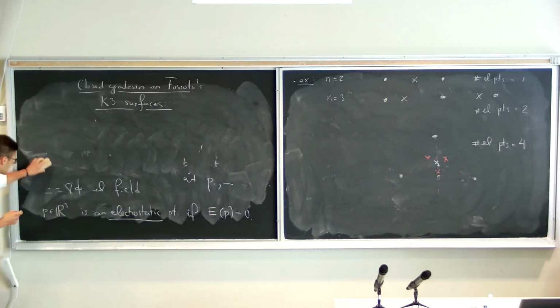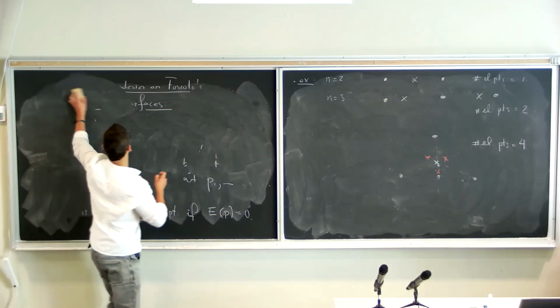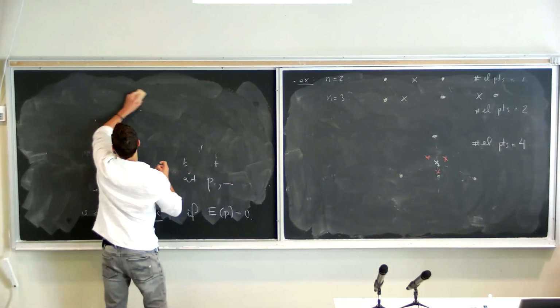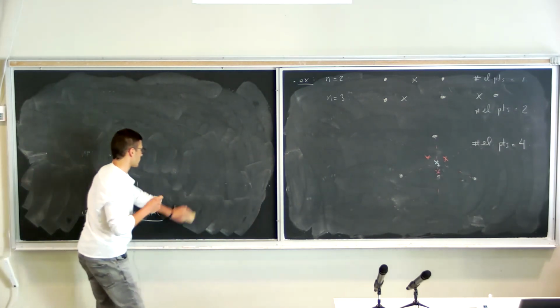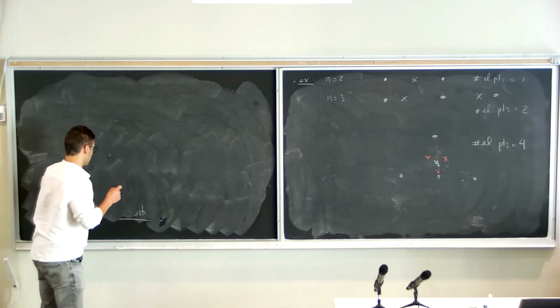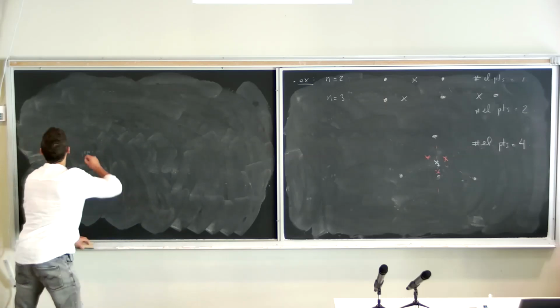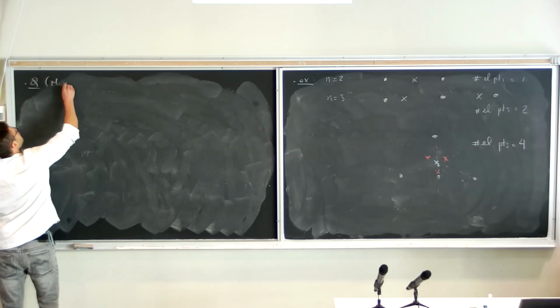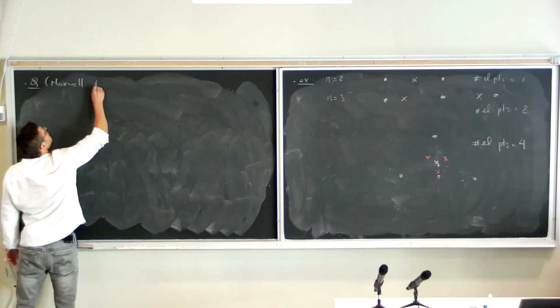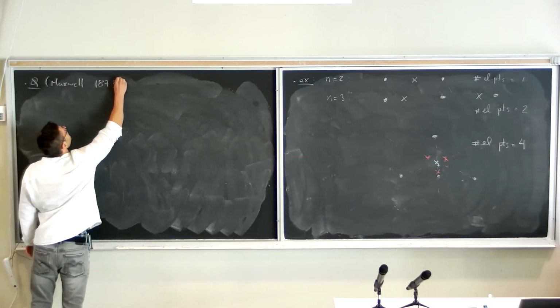Okay, so the question that Maxwell asks is, given n, the number of electric charges, what is the maximum number of electrostatic points that you can have? So that's a question by Maxwell in 1873.